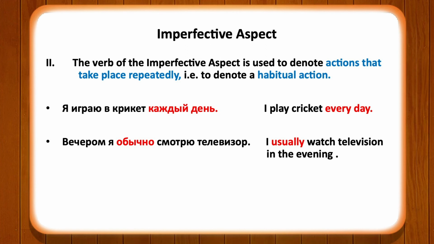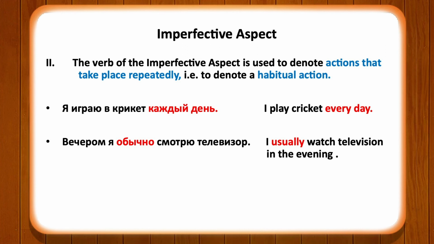Here in this sentence, the word обычно means often. The word itself indicates that action is taking place repeatedly. So вечером я обычно смотрю телевизор.